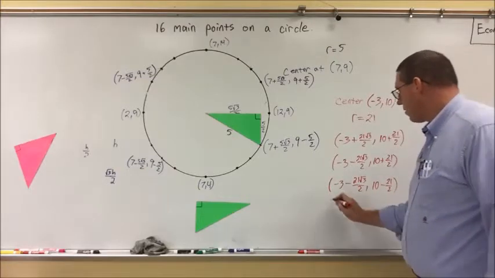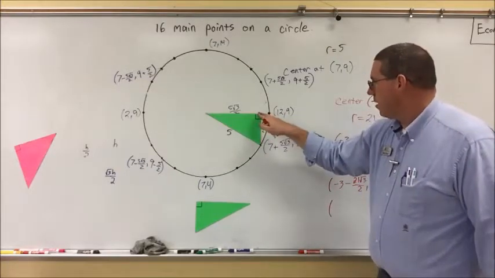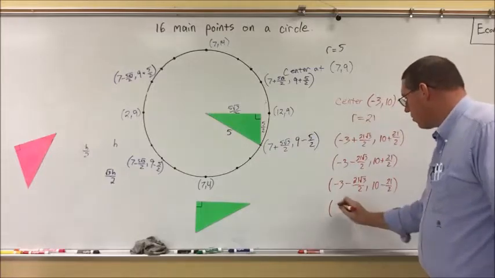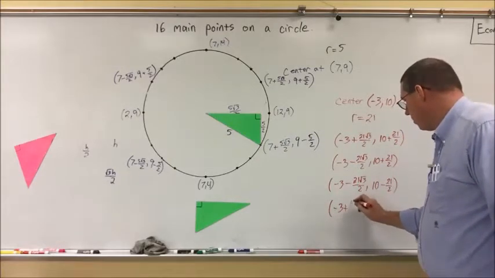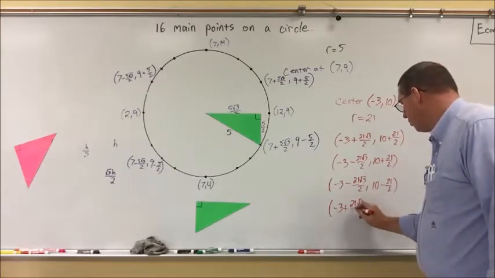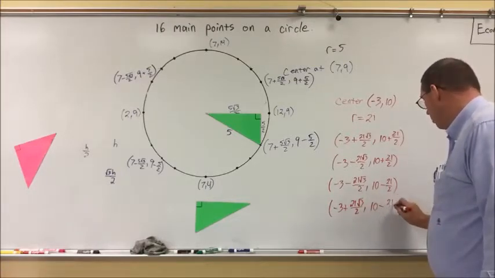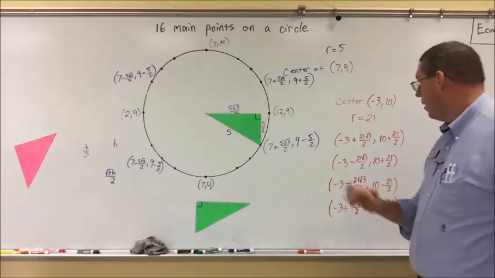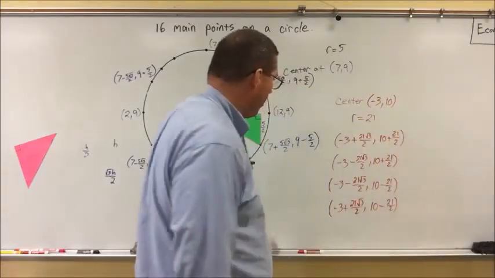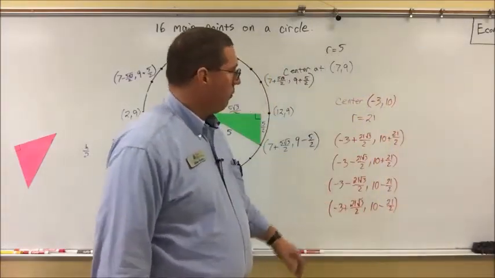And then lastly, I'm going to add to the x and subtract from the y. So I'm going to do negative 3 plus 21 square root of 3 over 2 and 10 minus 21 over 2. And these would be the 4 points that have a 30-degree reference angle from the center.